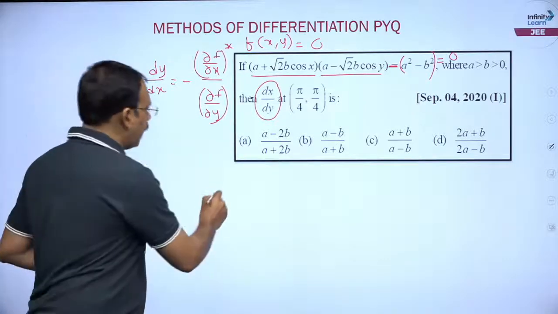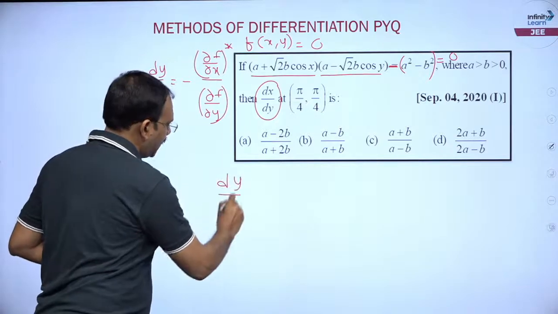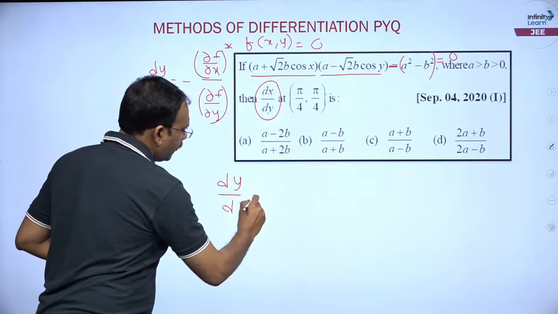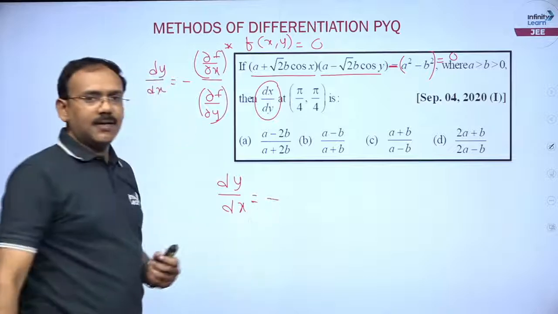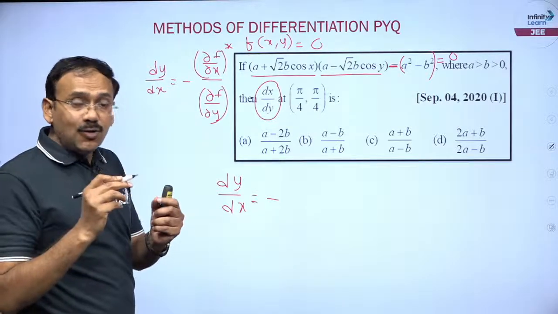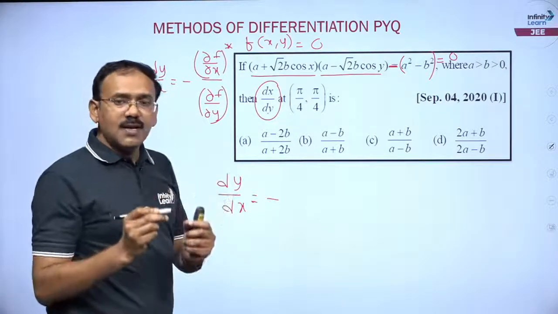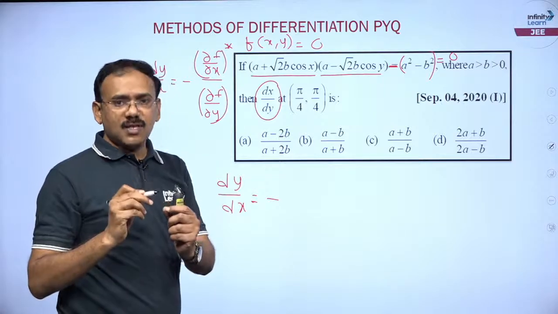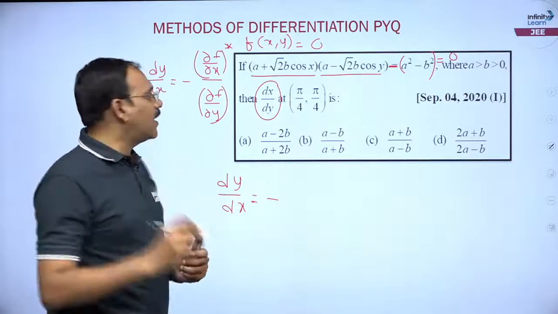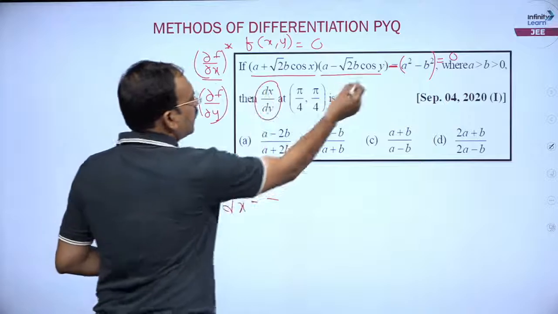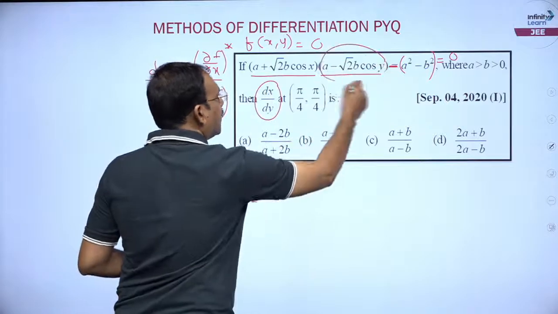Next, I want dy/dx, my dear friends. According to the formula, minus ∂f/∂x means you are taking the partial derivative with respect to x, so treat y as constant. I am taking the derivative; this is a number here.